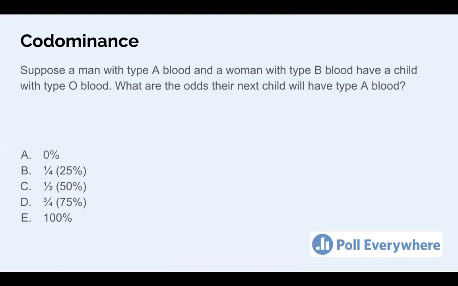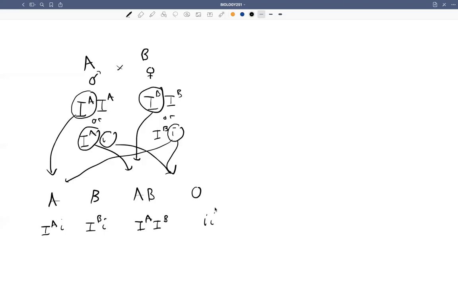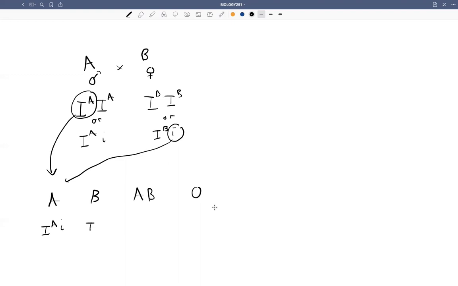All right, here's a little more complicated example. So let's say that the man with type A and the woman with type B have a child with type O blood. Awesome. All right, so let's say they have a child who has type O blood.